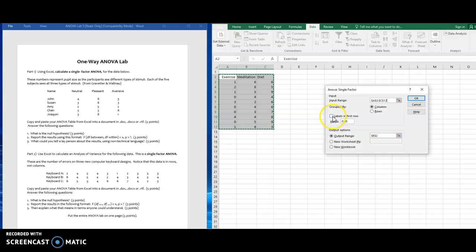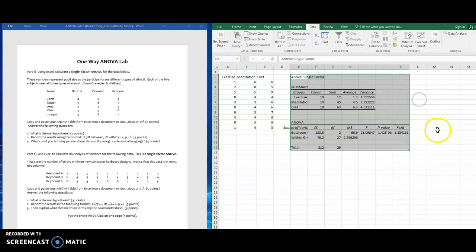If I hadn't, I wouldn't need to click this, but I did. And then alpha at 0.05, that's our normal default, so we're going to use that. And then my output range, I'm going, yeah, that's a good spot because the output's going to be right next to my data. We don't want to use the default, which is a new worksheet, which would show up down at the bottom. All right, so that's the upper left-hand corner of the output. Let's see what we get.